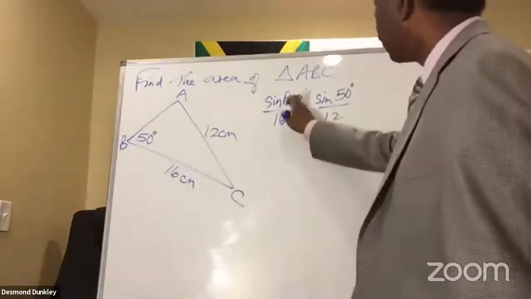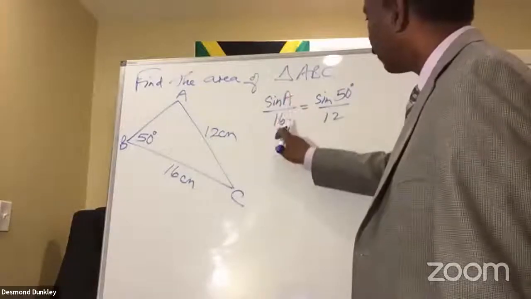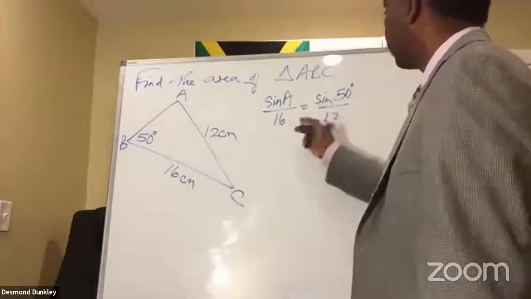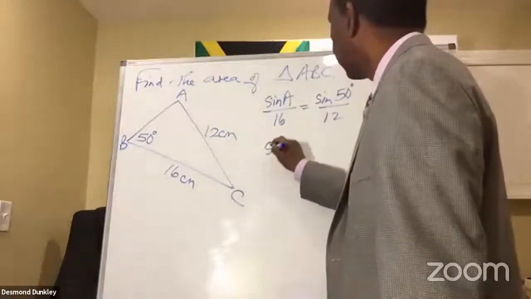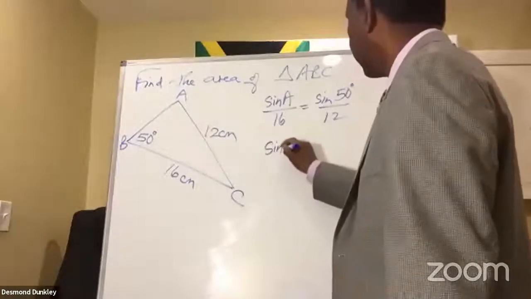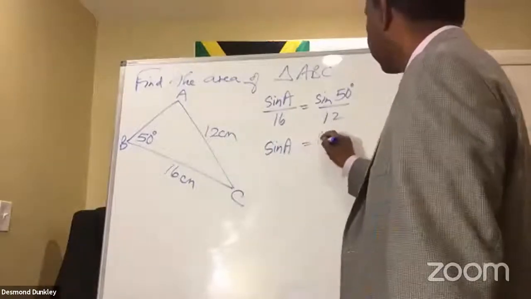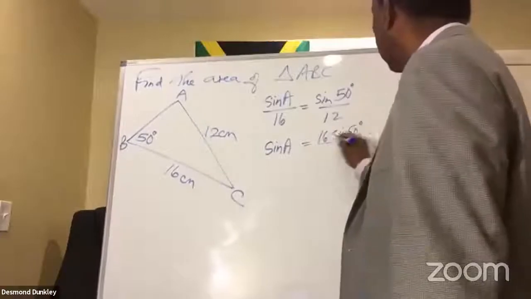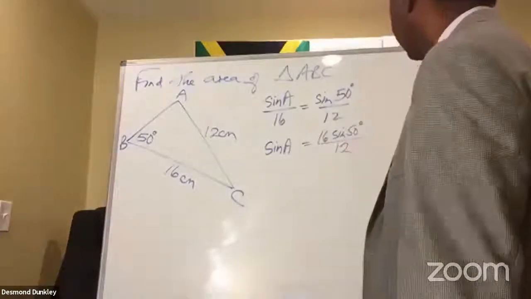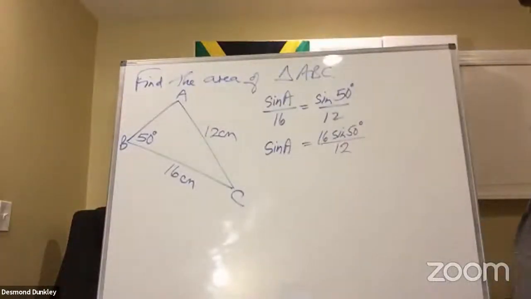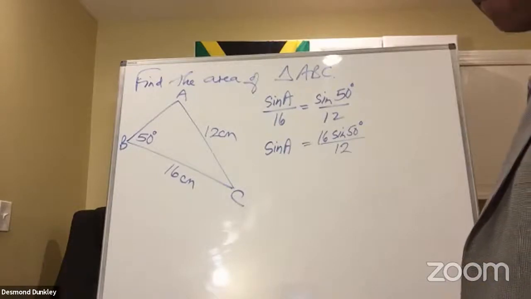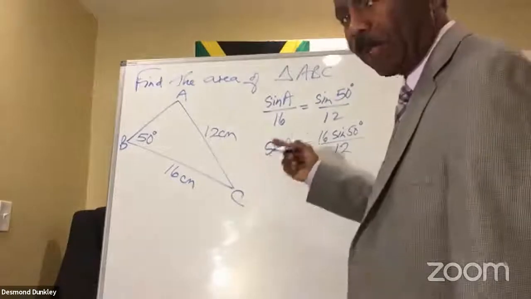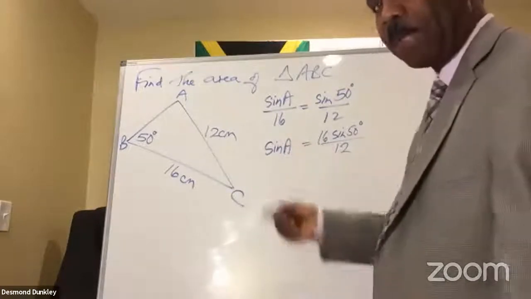So now, how do we get sine A by itself? We need to get rid of the 16 by multiplying both sides by 16. So sine of angle A is equal to 16 sine 50 over 12. Okay, I'll tell you from now, I'm just writing it out of my head, so I don't know if the numbers will work together.